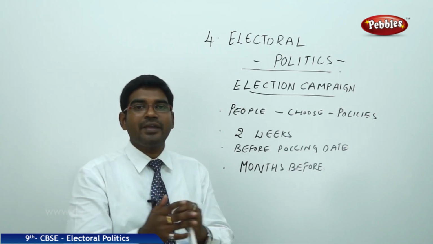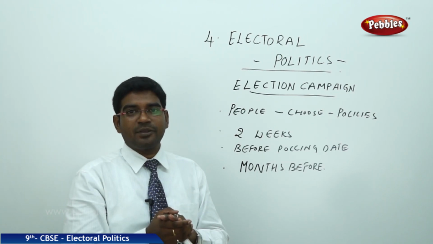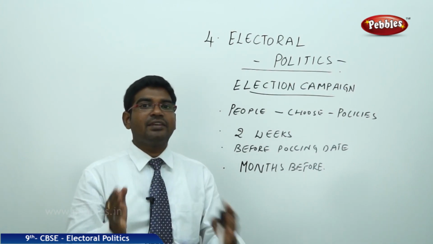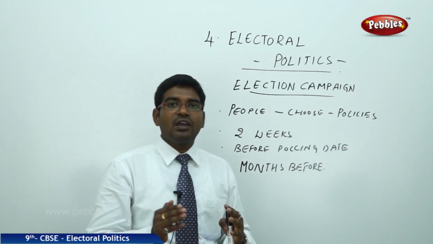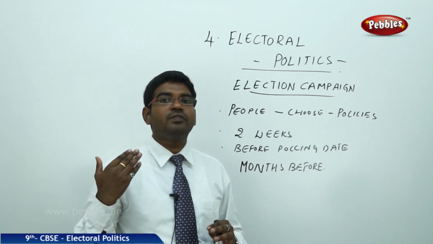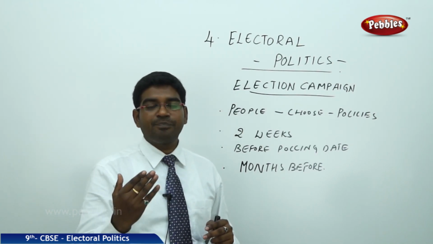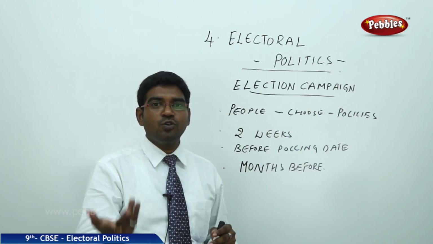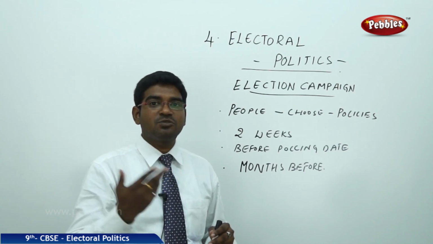It's only 2 weeks that is mandatory to conduct the election campaigning. But Narendra Modi was declared as the prime ministerial candidate in 2013 in the meeting of BJP, and from then onwards he moved to various corners of India to campaign and to propagate what BJP wants to do for our country if it comes to power.